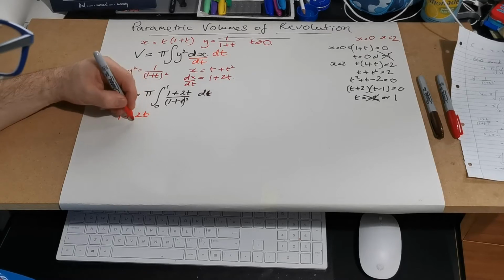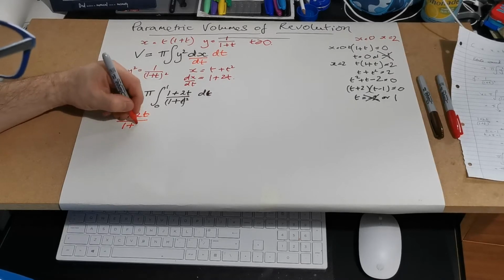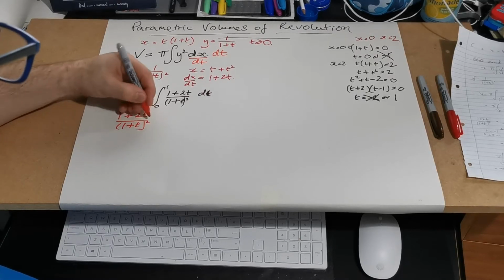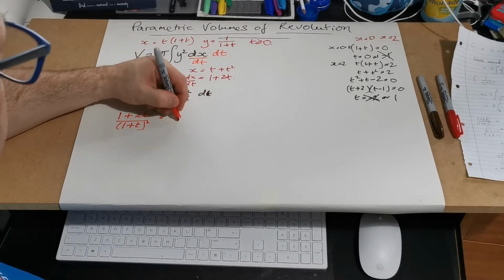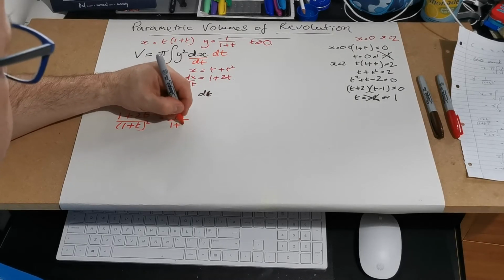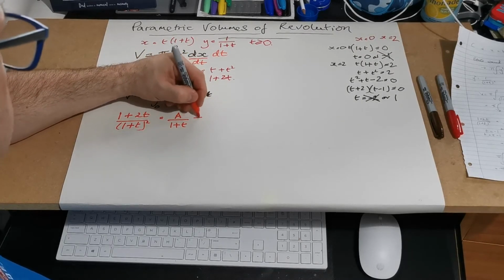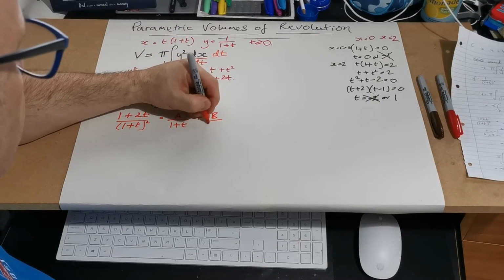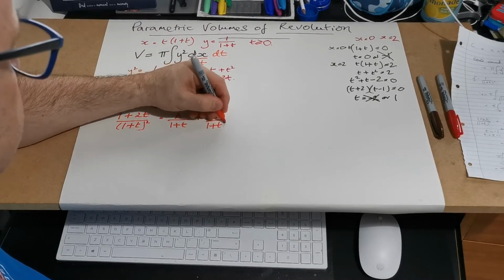So (1 plus 2t) over (1 plus t) squared would equal A over (1 plus t) plus B over (1 plus t) squared.